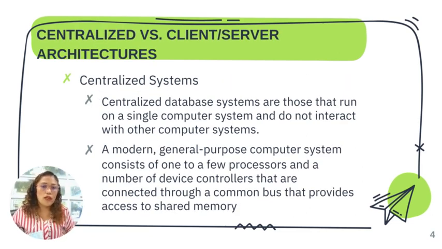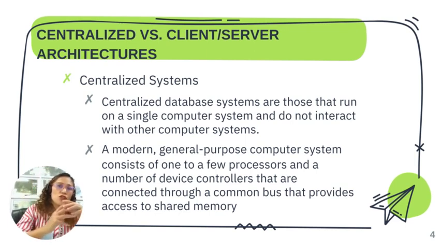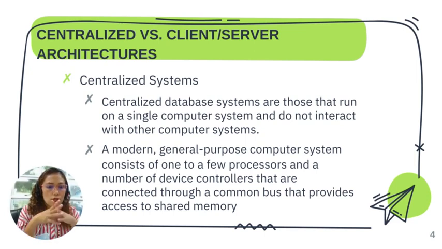So let's go first with centralized versus client server architecture. So when you say centralized system in general, you have one computer or one server, which houses all the application programs as well as the database.